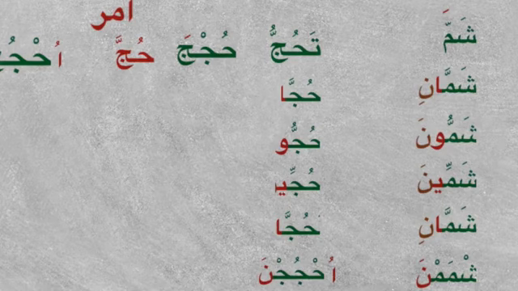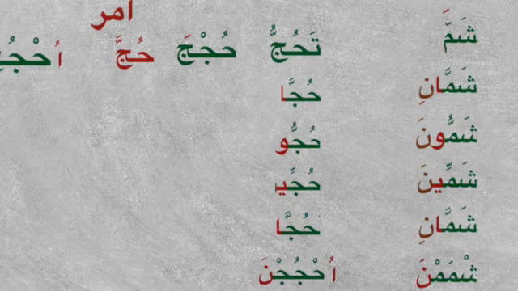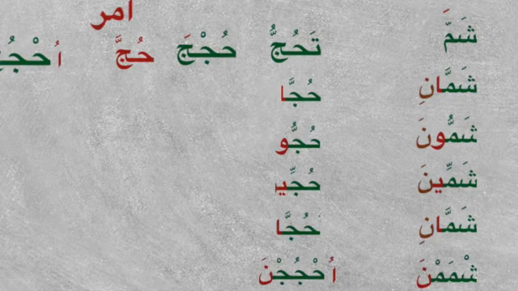But how do we describe it in grammatical terms? Shamma is fi'lu amrin mabni. Fi'l amr is always mabni ala sukun in anta. Here we cannot see the sukun, but we know there is a sukun. So we say fi'lu amrin mabni ala sukunil muqaddar. The sukun is muqaddar. It is not fatha. Fatha is just temporary.